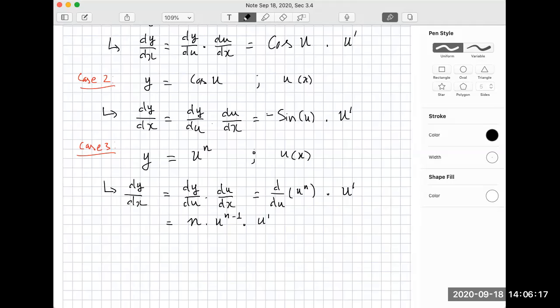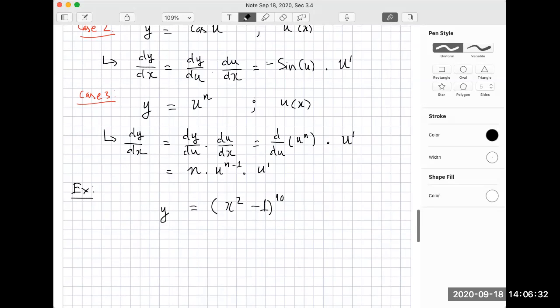For example, we want to compute the derivative of y, which is x squared minus 1 to the 10. Find y prime.